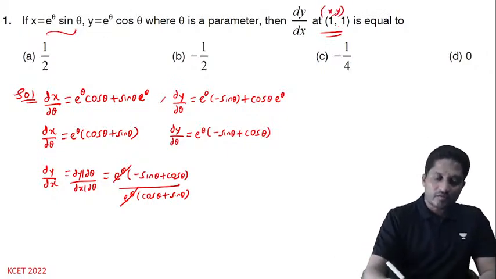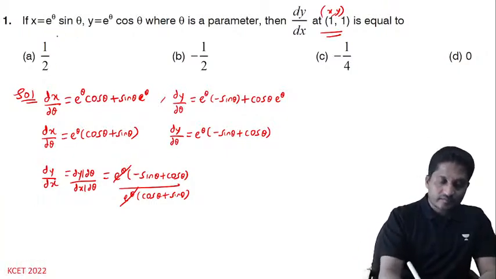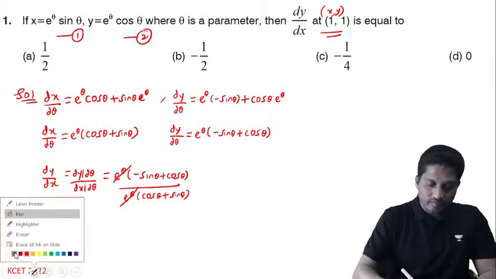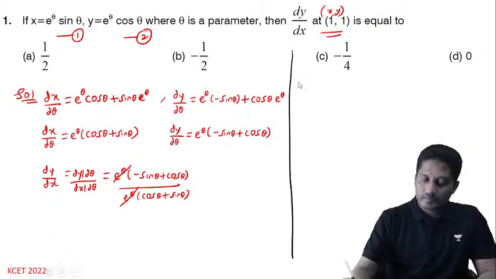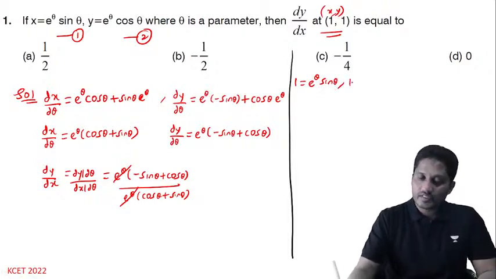If you put x is equal to 1 in the given curves, so this is equation 1 and this is equation 2. If I put x is equal to 1, y equal to 1, this becomes 1 is equal to e power theta into sine theta. Similarly, if I substitute in equation 2, 1 is equal to e power theta into cos theta.